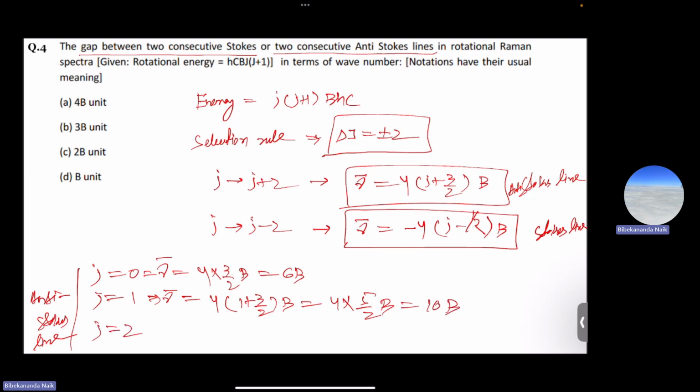Then for J equals 2, 4 into 2 plus 3 by 2 B, it will be 4 into 7 by 2 B, it is 14B.